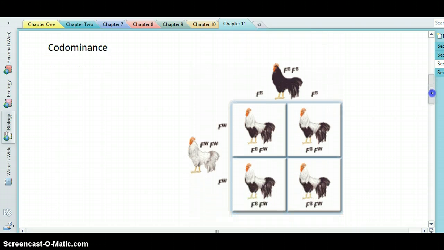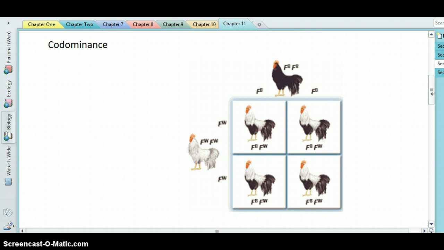All right, codominance. Here's a situation where, let's look at this. Here in these chickens, we have a gene that's responsible for feather color, and they're calling it the F gene. And notice with this notation, they're giving them a superscript. That is, you have an allele for feather color that's black, and an allele for feather color that's white.